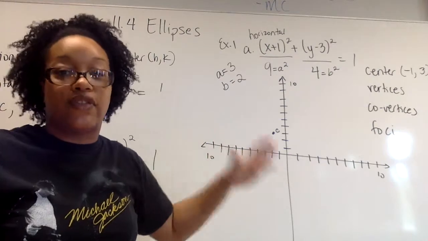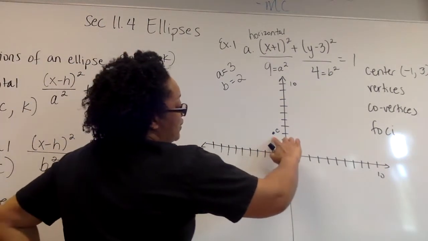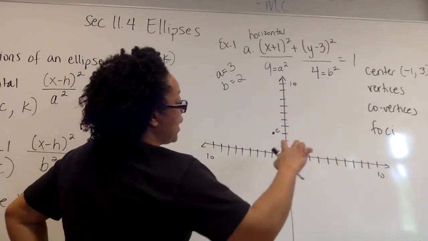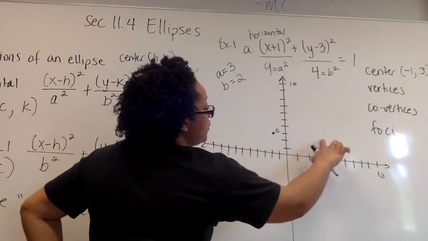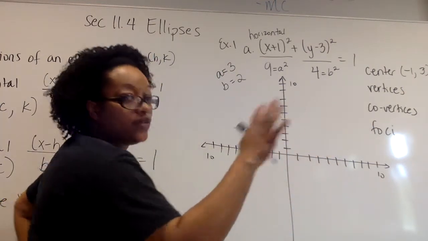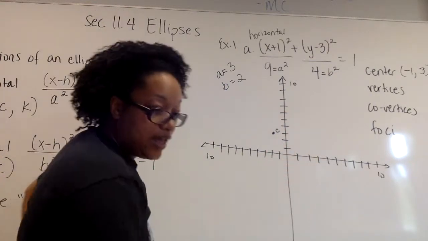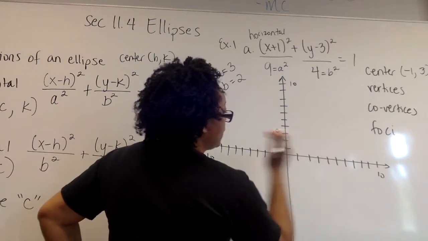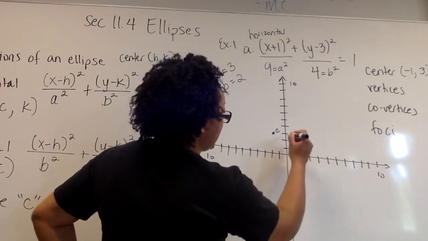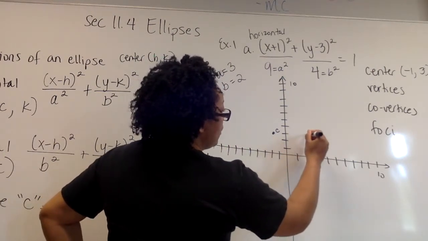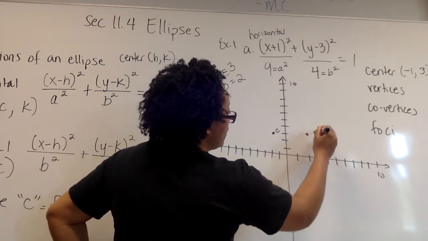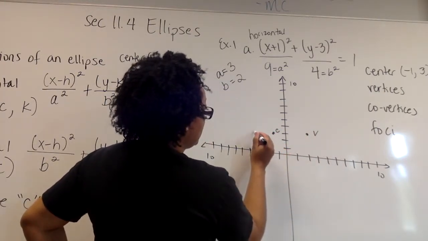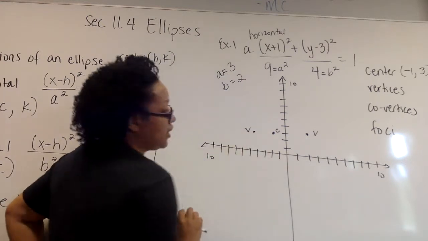So let's start there. If my center is here and my vertices are 3 units away, I'm going to go 3 to the right and 3 to the left. Okay, so here we go. You're just going to count over 3. So that, I think, would hit me here for a vertex, and here for the other vertex.